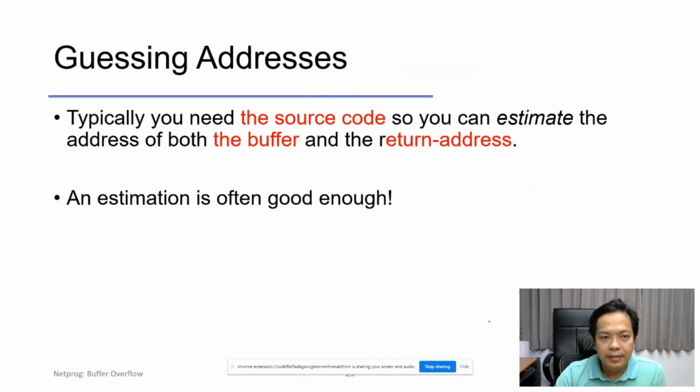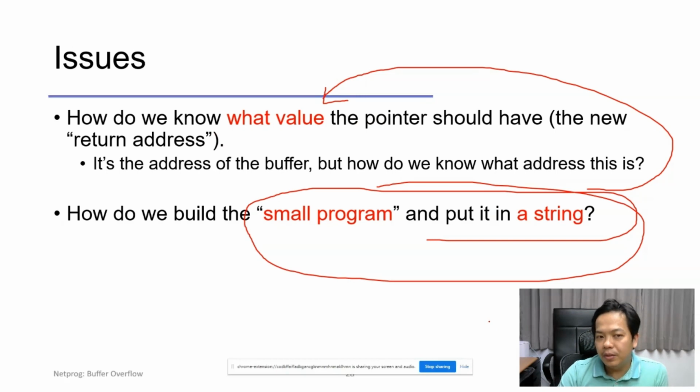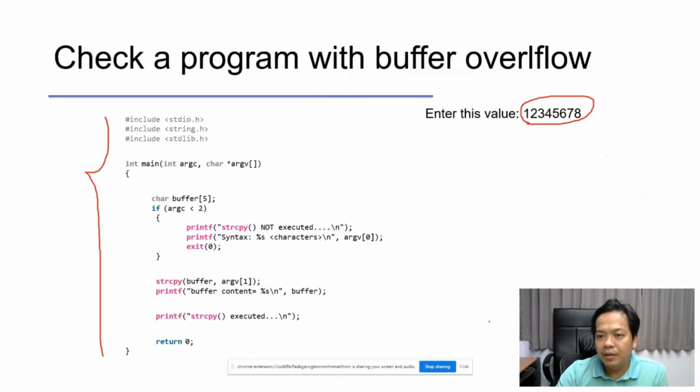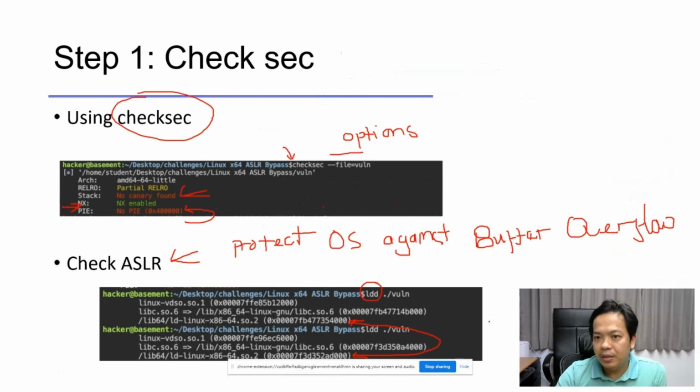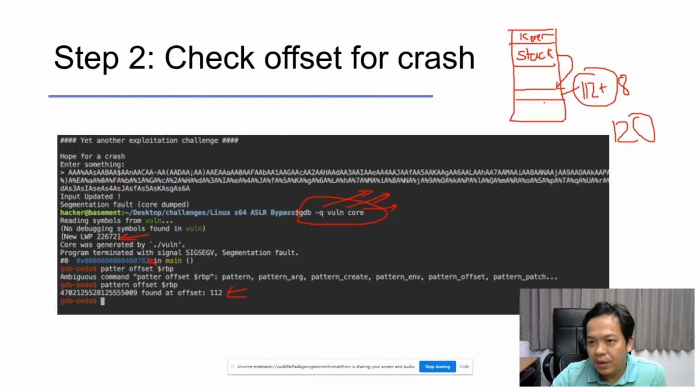This is related to the problem from last time, where we calculate the return address and the jump. We cannot know the offset, right? But how to calculate this?